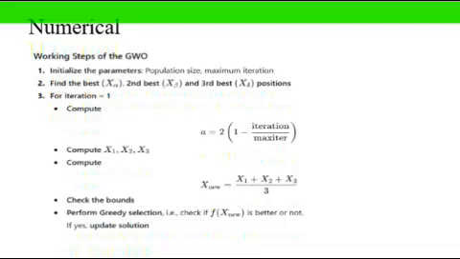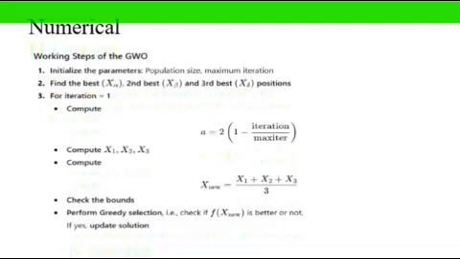First, we initialize the parameters, decide the population size, that is the number of wolves, and set the maximum number of iterations. And we find the best three wolves, that is X alpha, the best solution, and X beta and X delta. For each iteration, we compute the parameter A using the formula A = 2 × (1 − iteration / max iteration).